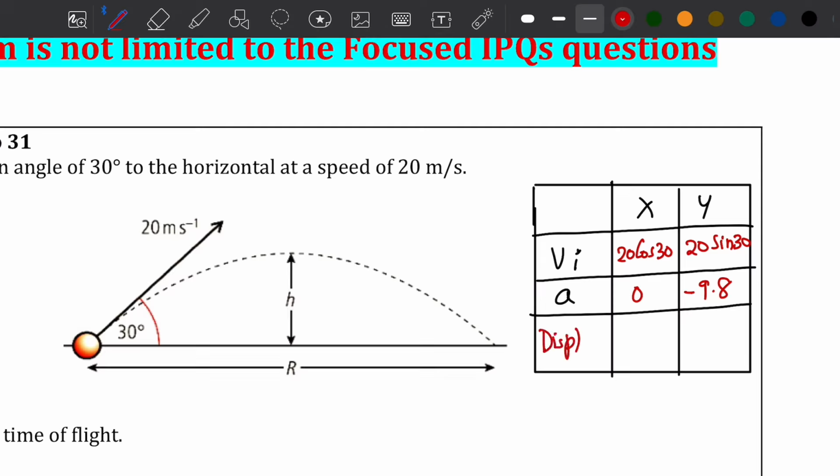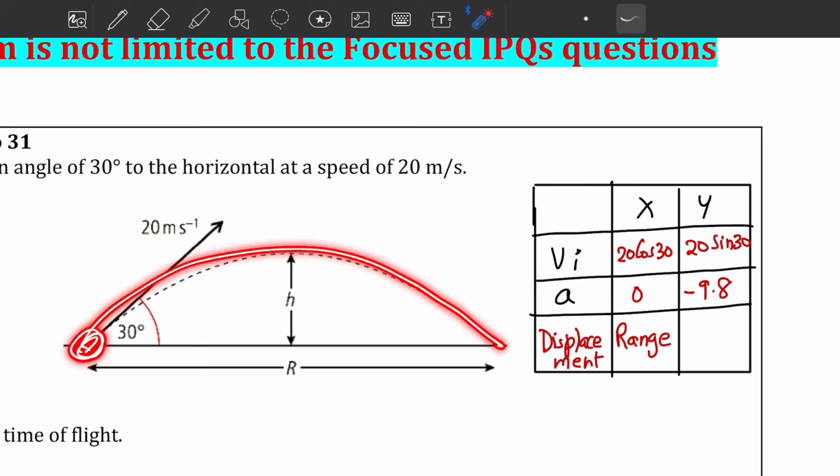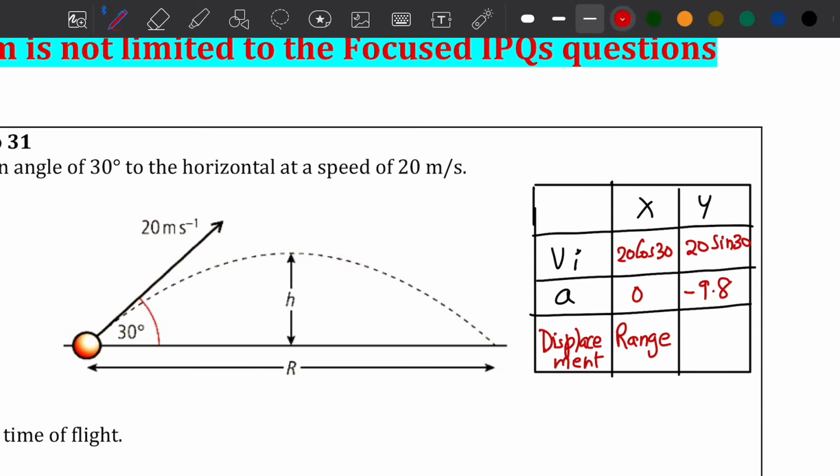Then displacement in the x direction, we call that range, and in the y direction we can see that it starts from the ground and hits back on the ground. So the displacement in the y direction is equal to 0.